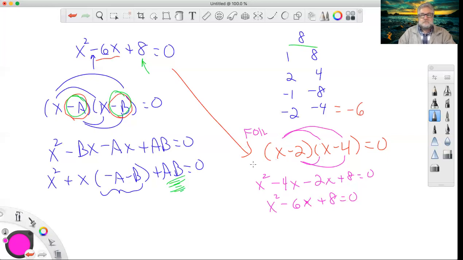So this works out, so this is the proper form. So if I look at this and I ask, well, what's the solution? What's x equal? Well, either x minus 2 equals 0, or x minus 4 equals 0. So that means x has to equal 2 or x has to equal 4. These are the solutions.